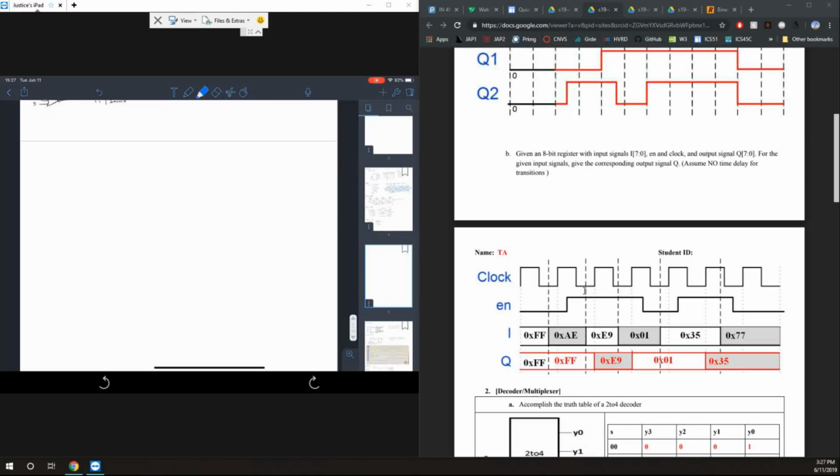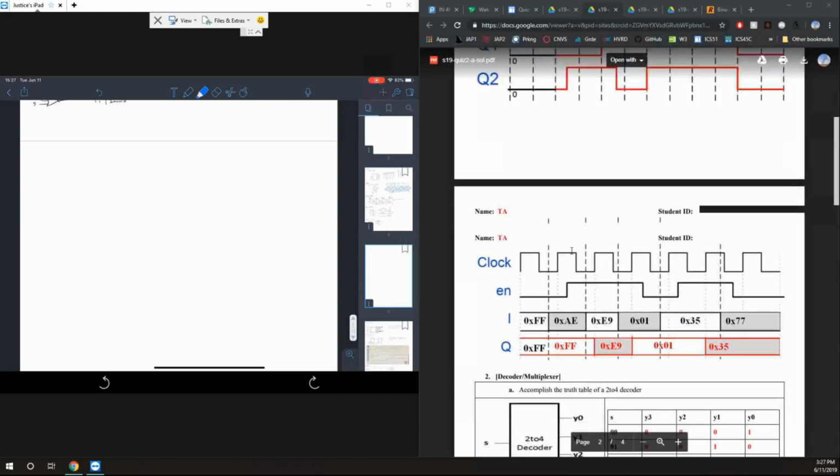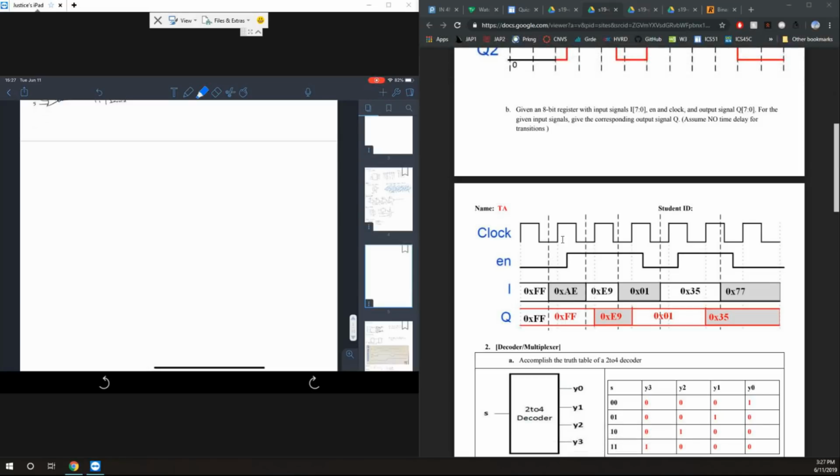Part B, registers are flip flops. So just know that they're flip flops. In this case, in our enable here, we're saying, okay, the enable's high and the clock's high, but it's not on the rising edge. So now the enable's high and the clock's high, and so it changes here. Does that make sense? Enable's low, so we're not doing anything. Now enable's high.